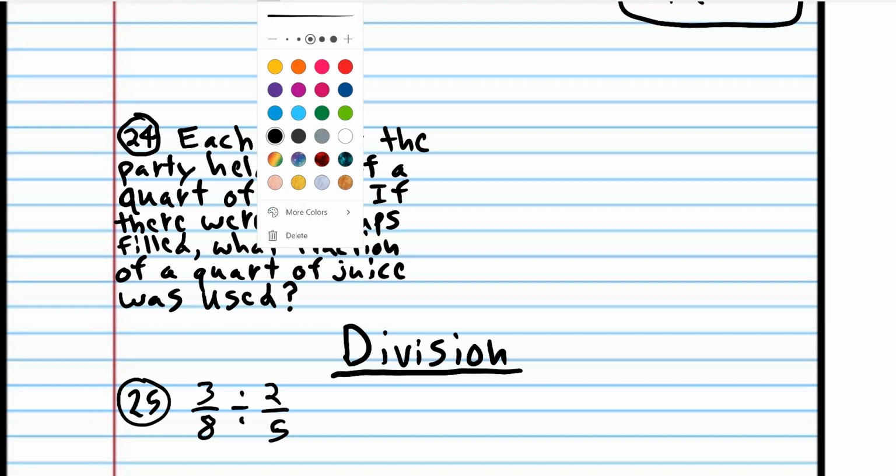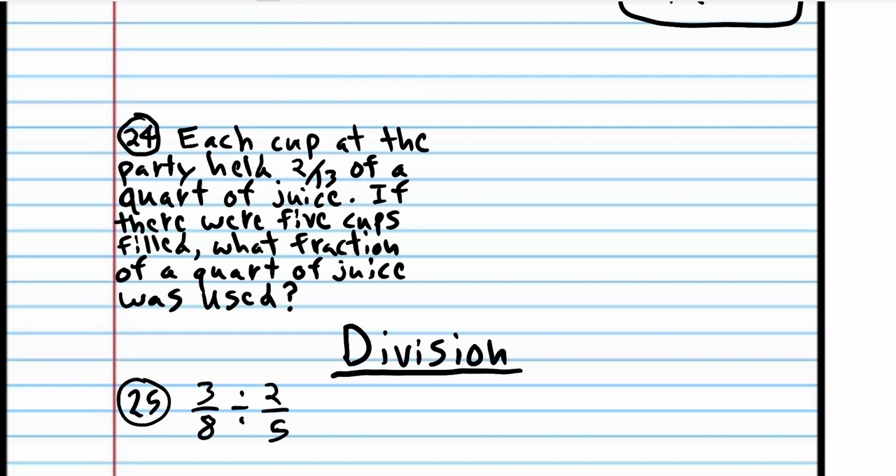All right, we're back. Each cup at the party held 2/13 of a quart of juice. So each cup holds 2/13. If there were 5 cups filled, what fraction of a quart of juice was used? So 2/13 is how much each cup holds, and there are 5 cups.